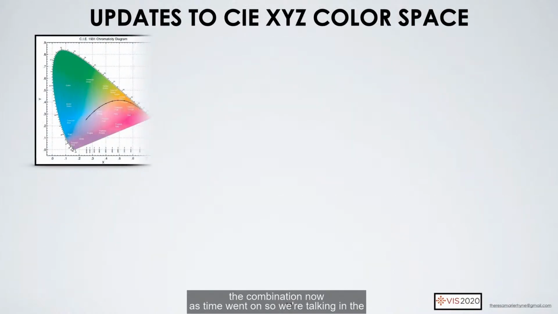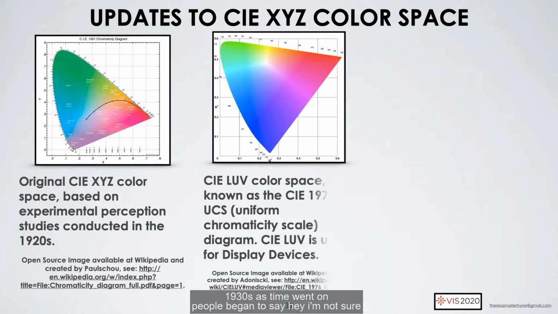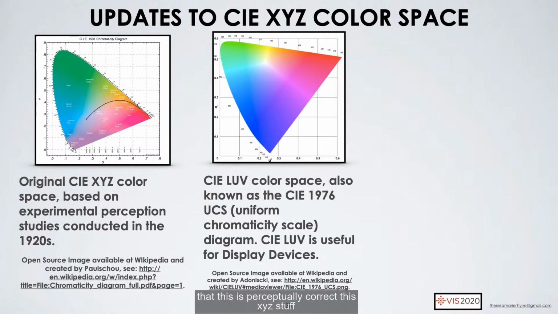Now, as time went on, we're talking about the 1930s, people began to say, hey, I'm not sure that this XYZ stuff is perceptually correct, because I think it's heavy on the green. I think the distance between 2 points in green is a shorter distance than, say, the distance between a yellow and a blue. And this is actually shown to be the case.